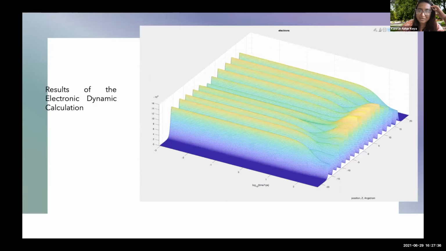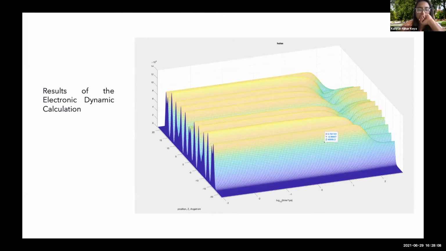This one is the result for the position in the z direction only for the electronic state. In a HOMO position, I don't have enough knowledge to explain this one.